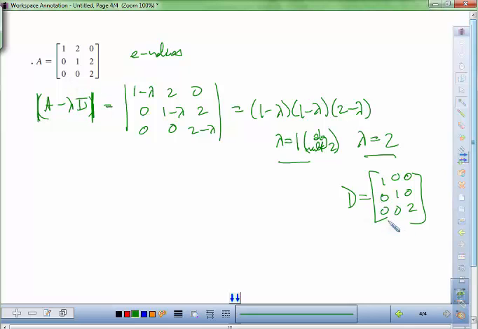So this is your diagonal matrix that A is similar to. So A and D are similar, but only if lambda equal to 1 has geometric multiplicity of 2.